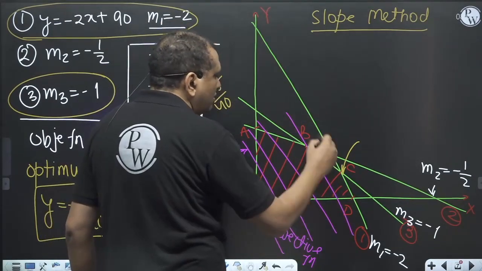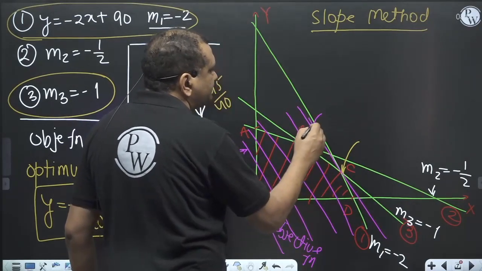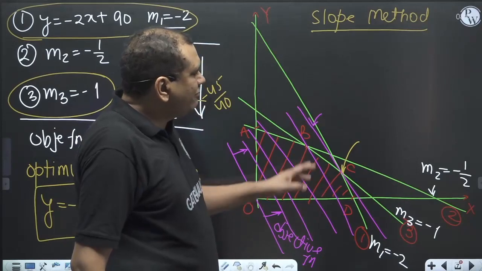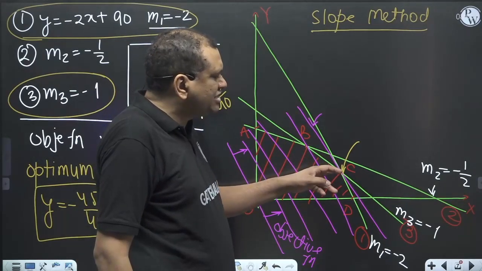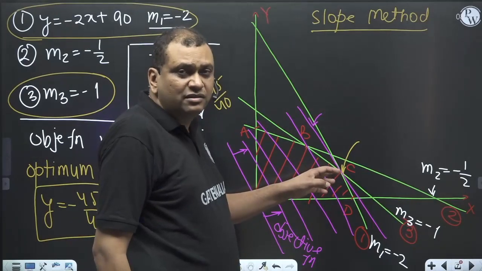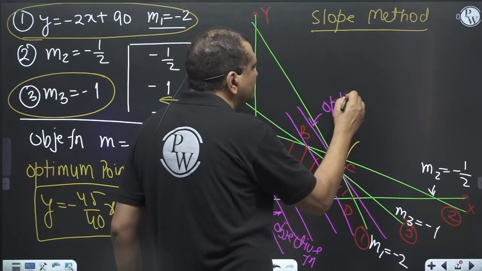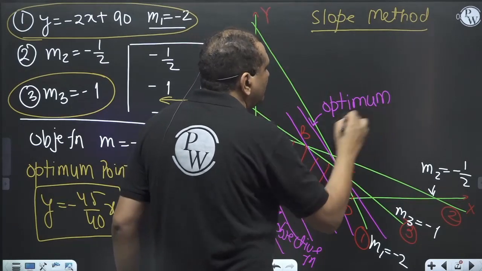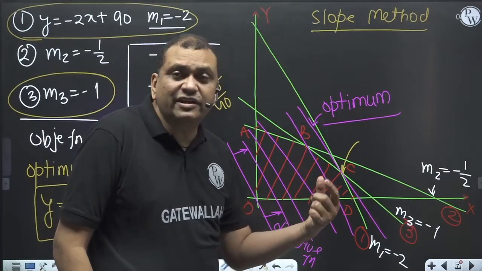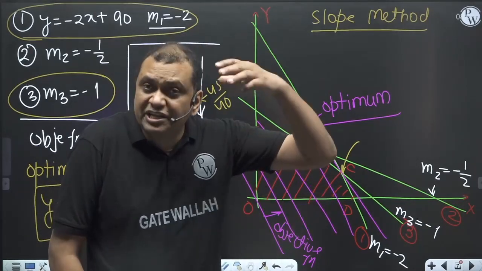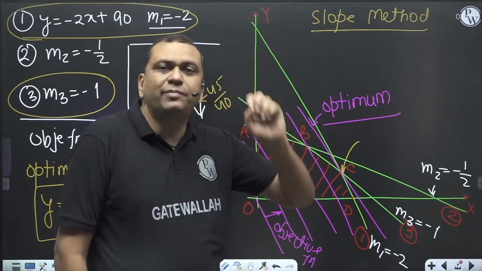The farthest point at which the objective function line is touching the feasible region is called the optimum solution.